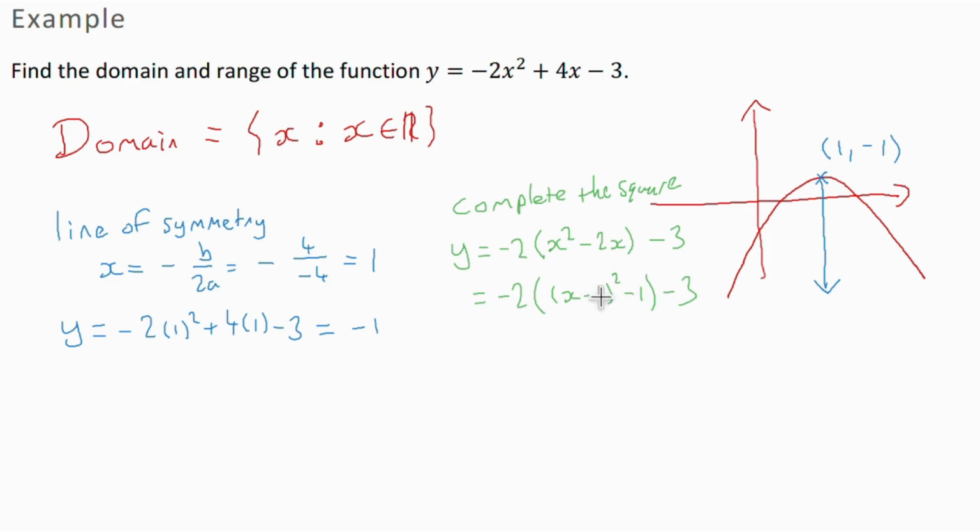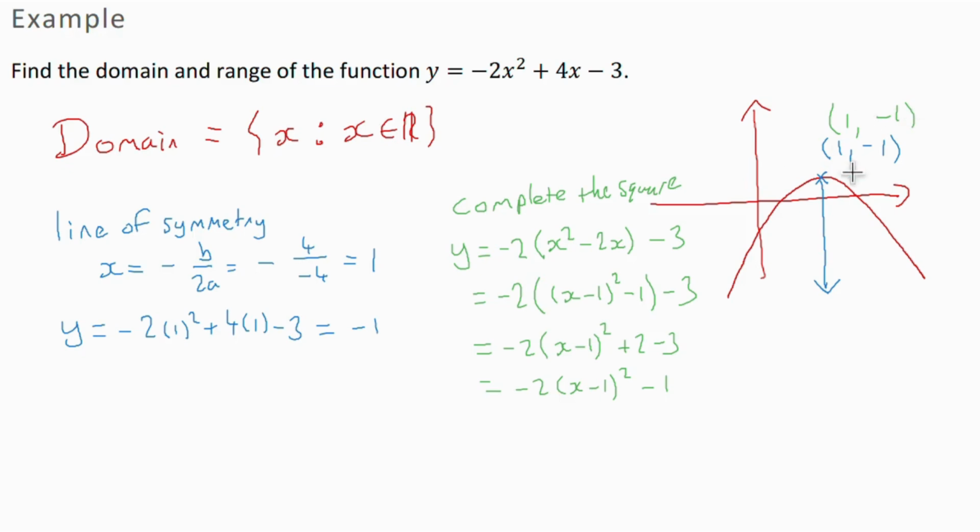We take away the extra bit we get if we were to expand this. Then that becomes minus 2 times minus 1, which is plus 2, minus 3. So minus 2 times (x minus 1) squared minus 1, which tells us the vertex is at (1, -1). Either way, we get the same coordinate. You can choose which of these approaches you prefer.